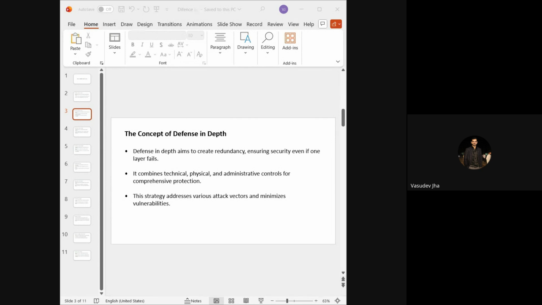That is nothing but a physical control, because that is also a security mechanism. For example, in banks, we have seen that they never open the complete gate. That is a physical control for security purposes. Then your administrative control. Administrative control is at the administrative level, where they are making policies for that.